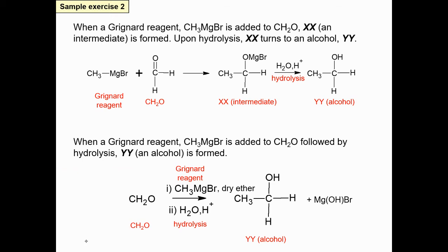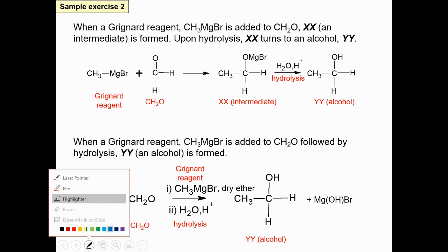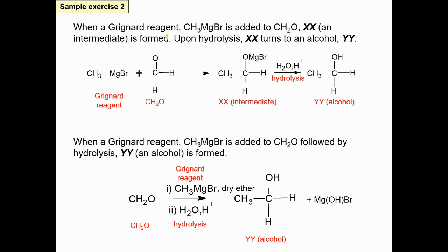Okay, now there's another one, which is the synthesis part. Let's learn how to read the question and write the chemical equation. When a Grignard reagent is added to methanol, an intermediate is formed. Then upon hydrolysis, it turns to an alcohol.